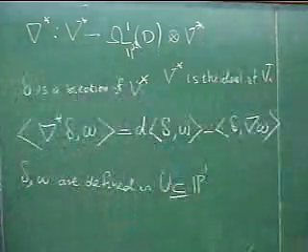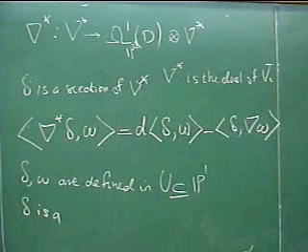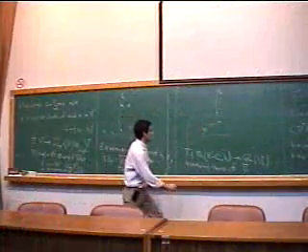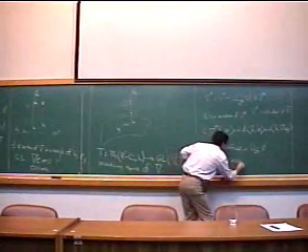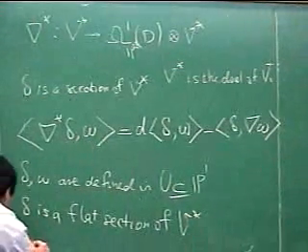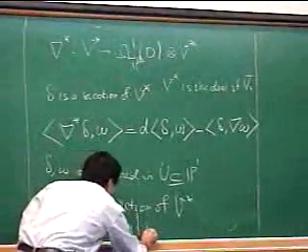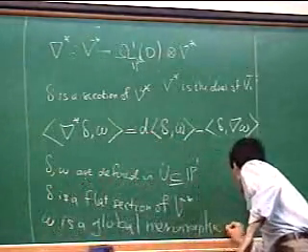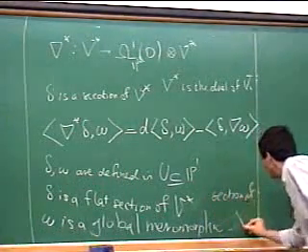I forgot to say that these are called flat sections. Delta is a flat section of V star, and omega is a global meromorphic section of V.